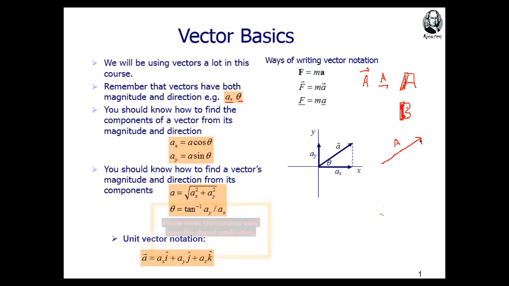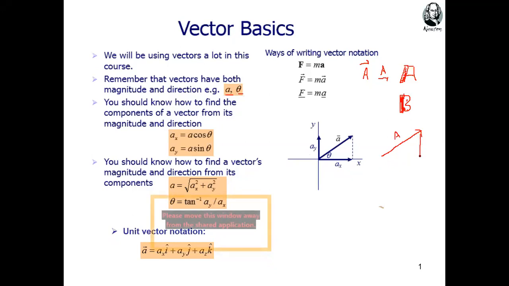We draw a perpendicular line on the x-axis, and then we join these points. This one is the perpendicular line, vertical, and this one is horizontal. We get the component along the x-axis and the component along the y-axis, where Ax is equal to A cos theta, Ay is equal to A sin theta.